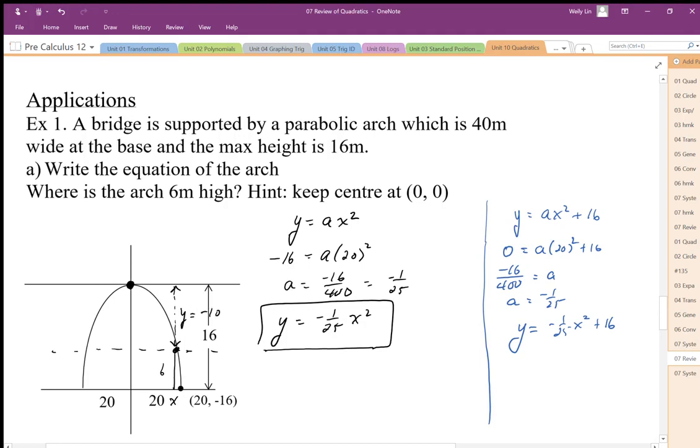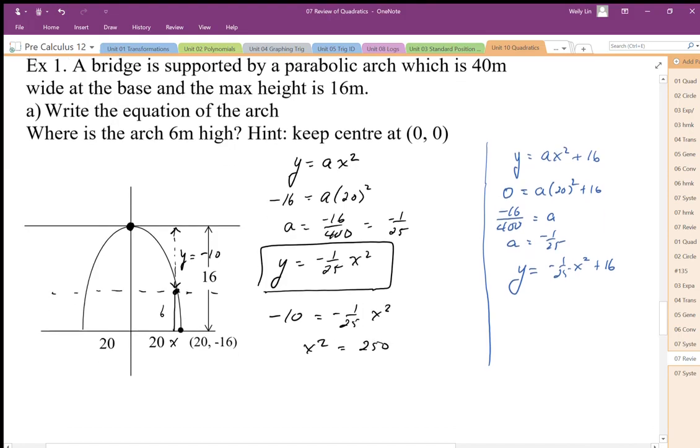As long as I have established that y positioning correctly on my coordinate plane, I can't just plug in a height, because y is actually not the height. Y is the distance from the vertex down to the curve. Once I've got that, now I can solve for this. I get negative 10 equals negative 1 over 25 x squared, so x squared works out to be 250, and then x equals plus or minus the square root of 250.